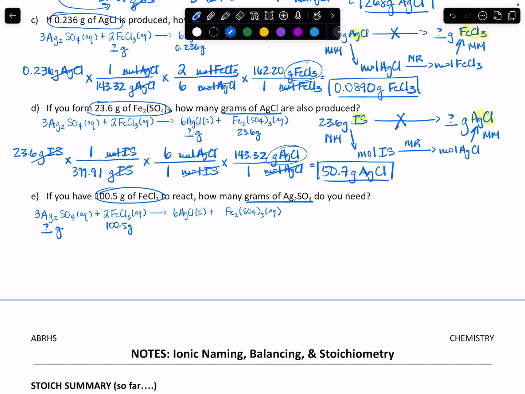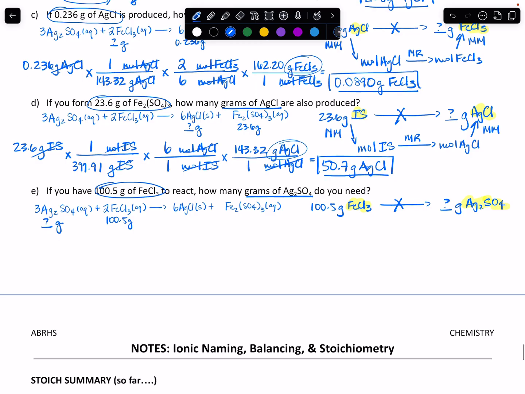So I'm going to start with my plan: 100.5 grams of FeCl3, and I need to convert that into grams of Ag2SO4. As we've seen with all the other problems, we have two different chemical entities here, so we cannot do a direct conversion.